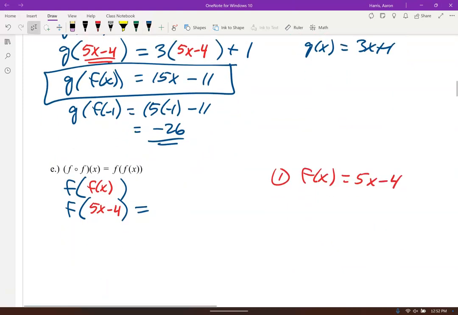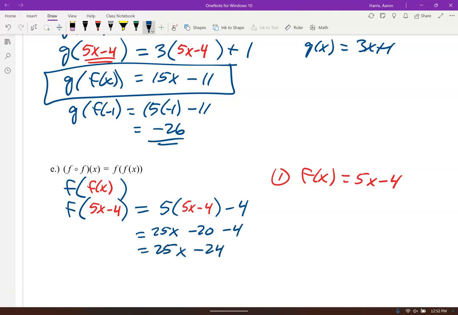So 5x minus 4 is going into f. Well, f is 5x minus 4, but we're replacing the x with f. F goes into f. So we have 25x minus 20 minus 4. 25x minus 24 is f of f of x.